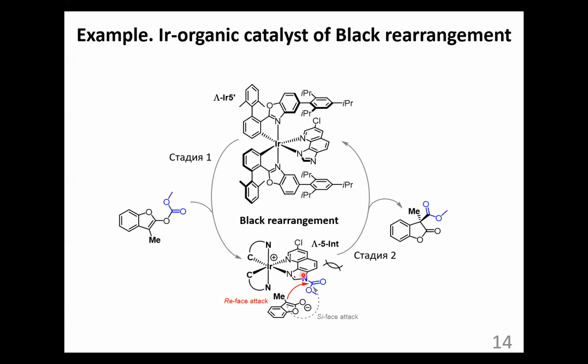Here you can see. And the product is formed which has its stereochemistry, while the substrate doesn't have any stereochemistry. And all the stereochemistry in this product comes from the stereochemistry of the catalyst.